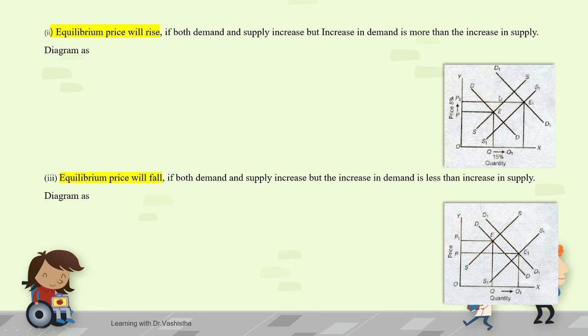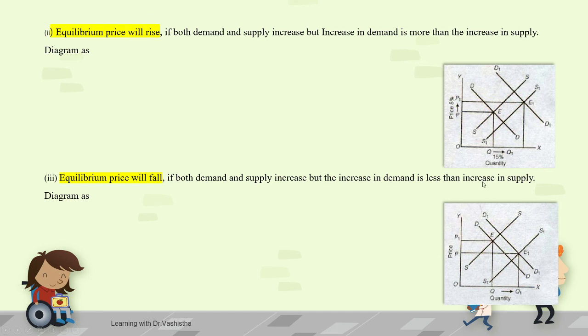So when the increase in demand is more than the increase in supply, the equilibrium price will rise so as to establish the new position of equilibrium. Here there is a rise in price from P to P1.